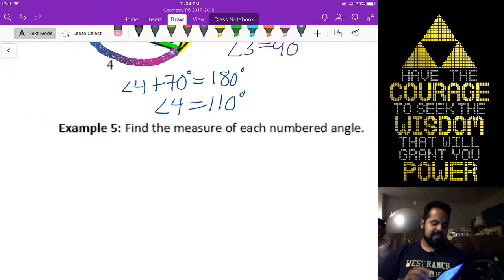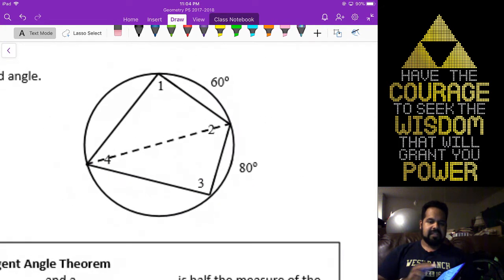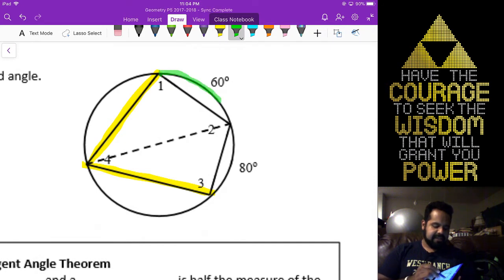Right here, we're going to find the measure of each numbered angle. If we notice here, angle 4 is formed by the intersection of these two chords, and their intercepted arc is this one right here.